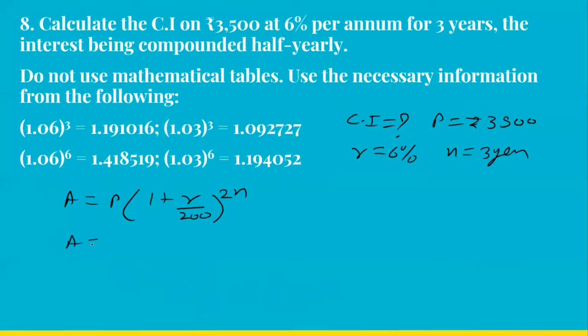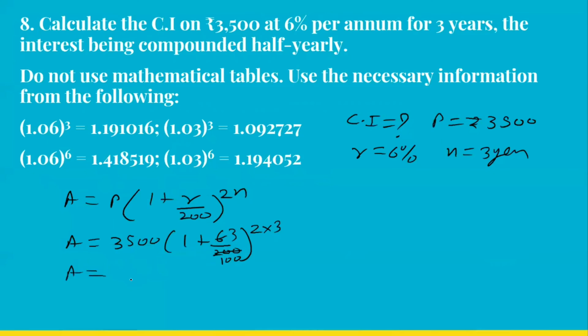A is equal to P, which is 3,500, in bracket 1 plus R, which is 6 upon 200, raised to 2n. So n is here 3, so 2 into 3. When you divide both by 2, 3 up and 100 down, so when we simplify here, we get 103 upon 100.